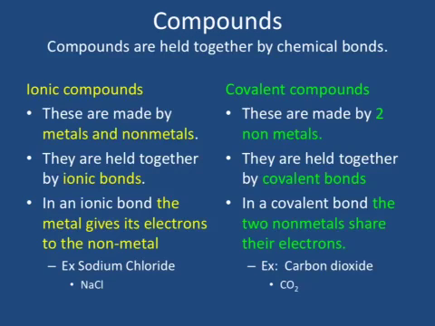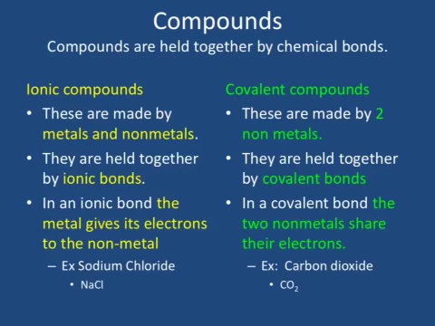It's what happens when a metal element bonds with a nonmetal element. They are held together, like we said, by a chemical bond, but it has a special name. It is called an ionic bond. So ionic bonds hold ionic compounds together.